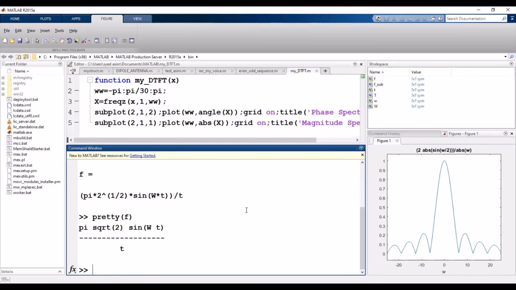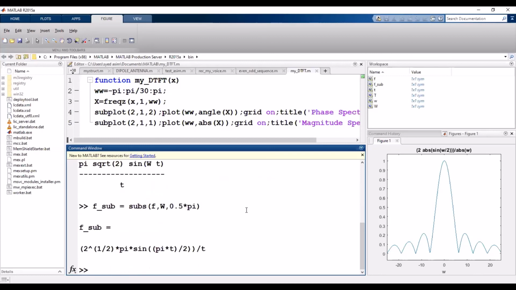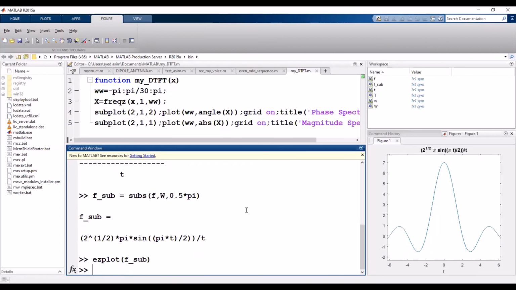So let's put the value using f underscore sub. Now we need to put the value of omega, let's suppose 0.5 into pi. Then ezplot f underscore sub.